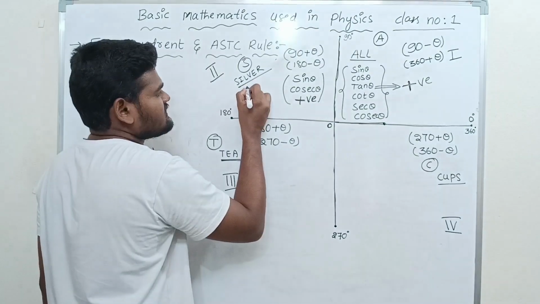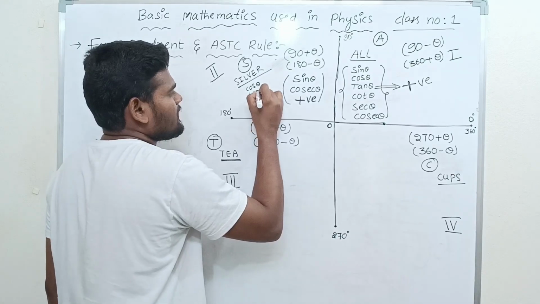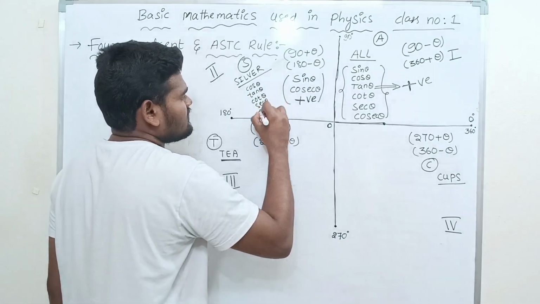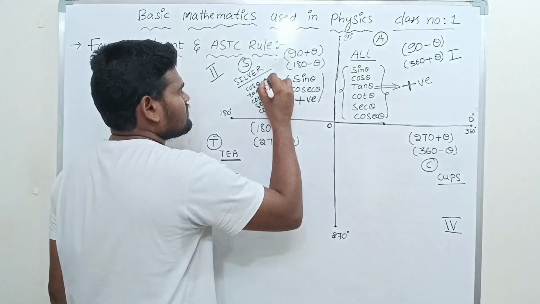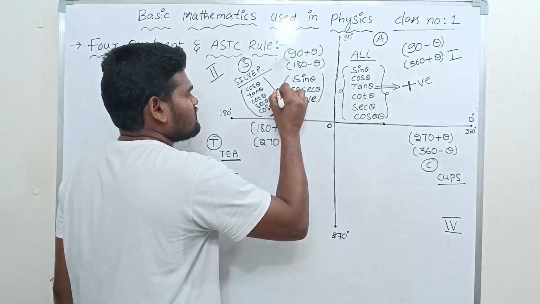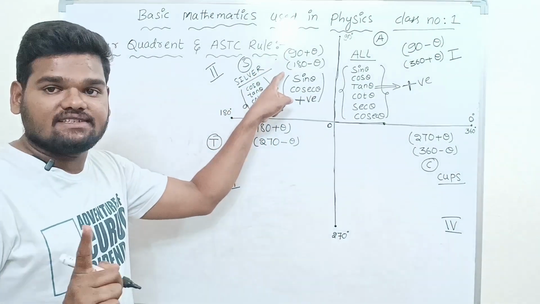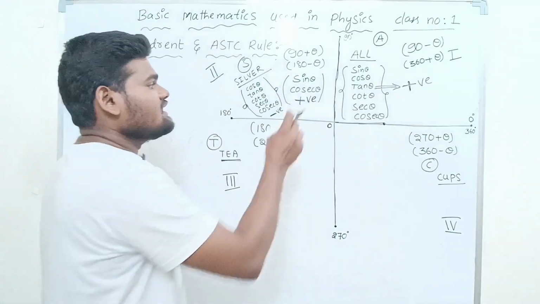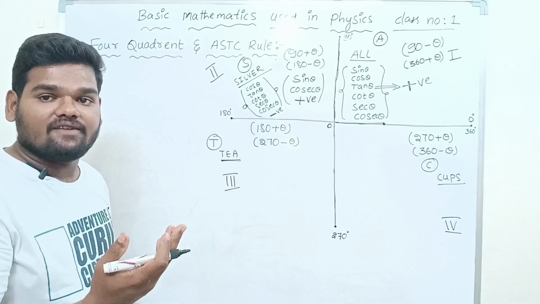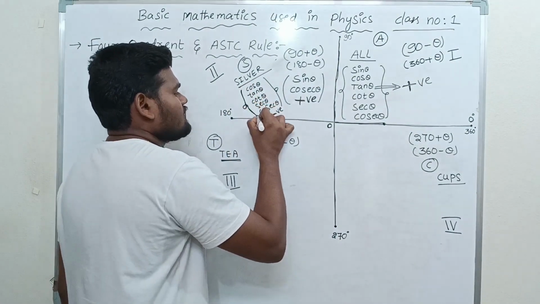And the remaining functions, cos theta, tan theta, cot theta, sec theta, are all negative. So in the second quadrant, 90 plus theta and 180 minus theta, only sin theta and cosec theta are positive. For all the remaining trigonometric functions, the second quadrant is negative. Are you getting it?